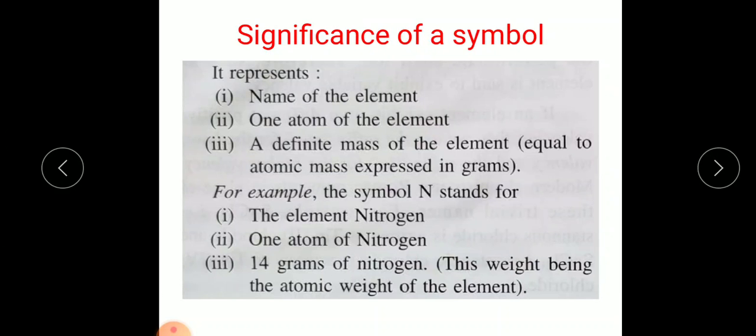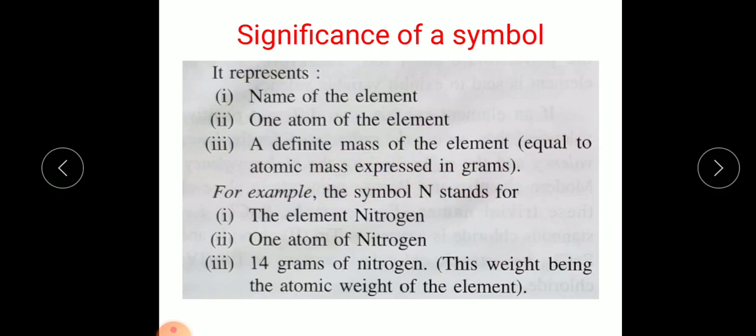What is the significance of a symbol? From the symbol, what do you understand? It represents, number one, the name of the element, number two, one atom of that element, and number three, a definite mass of the element, which is equal to its atomic mass expressed in grams.